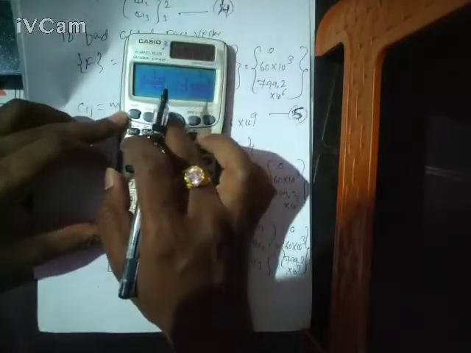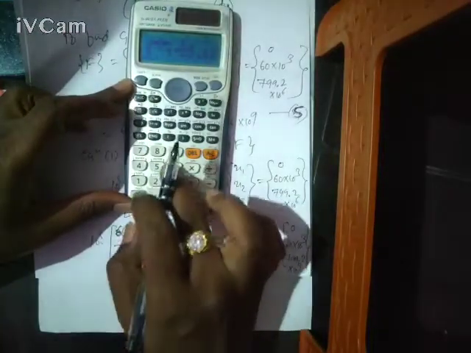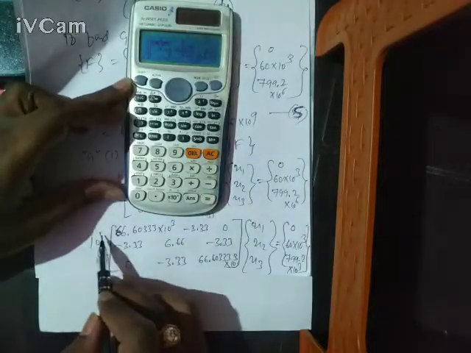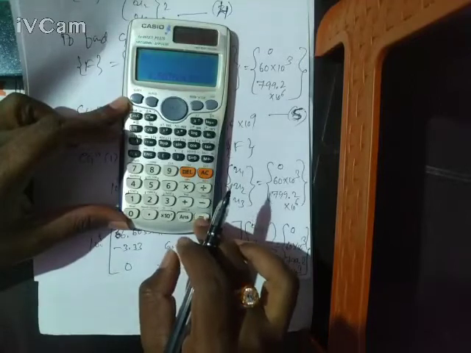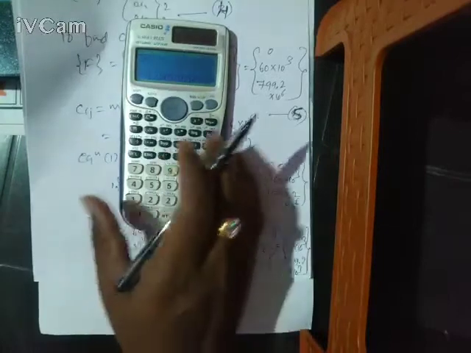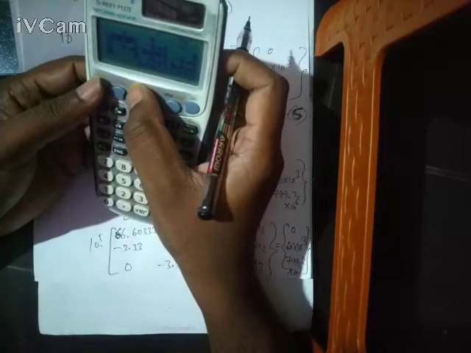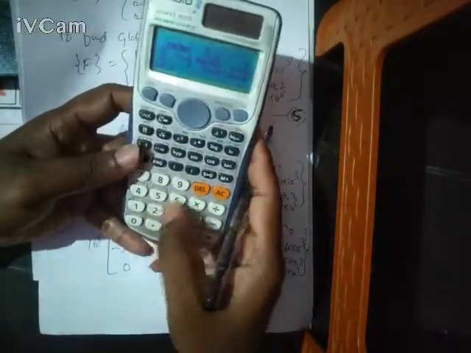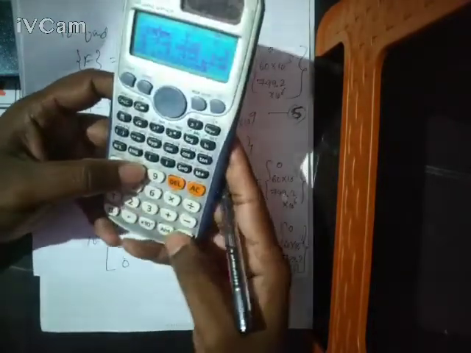See here, one small correction. In the first value I have to write 66.60333 into 10 to the power 8, not 10 to the power 5, because this 10 to the power 5 is multiplied by this 10 to the power 3. Okay, so just a minute friends, I will be substituting the values once again. So the first one is 66.60333 into 10 to the power 8, fine.